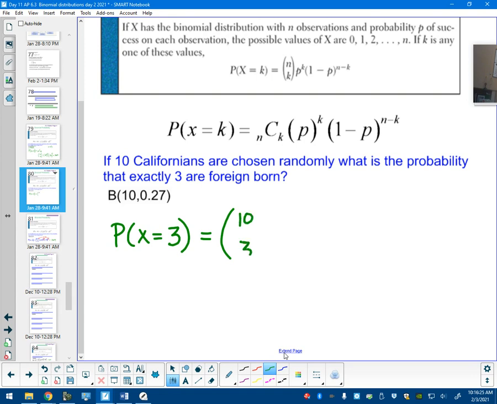10 choose 3, which means 10 times 9 times 8 over 3 times 2 times 1. And that would be, let me think, I can do this in my head. 10 times 9 times 8, well, that becomes a 4, and that becomes a 3, 120. There's 120 different ways for me to have 10 pieces of candy on my table, and you come up and pick exactly 3 of them.